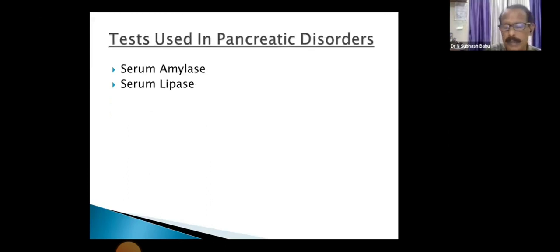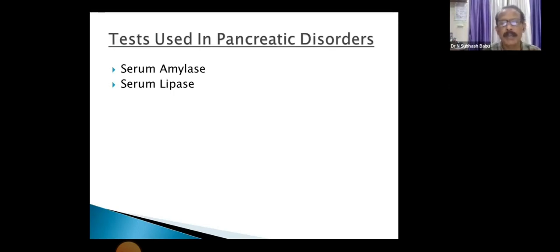So it is an important investigation, and these are the tests related with pancreatic disorders. In acute and chronic pancreatitis, naturally in acute pancreatitis there will be abdominal pain and, as you know, diarrhea. The patient will not tolerate fatty food or milk or milk products.